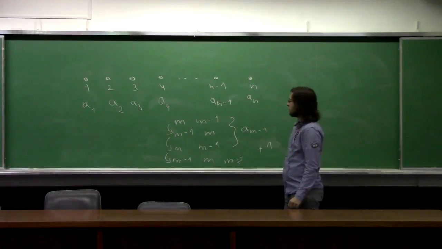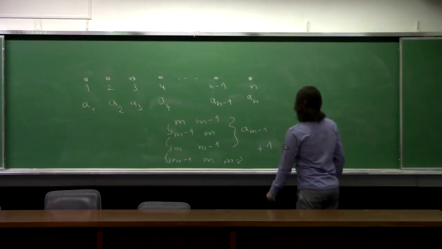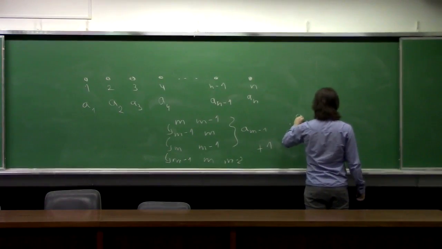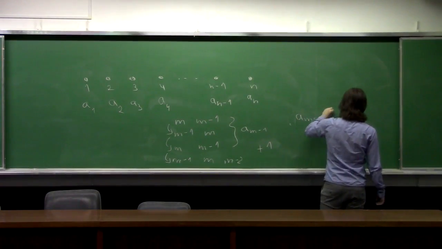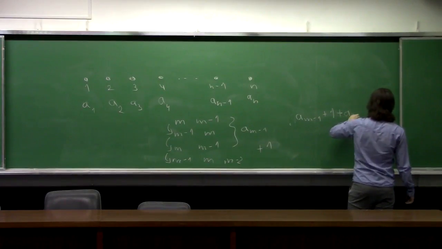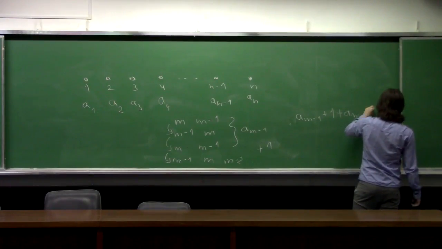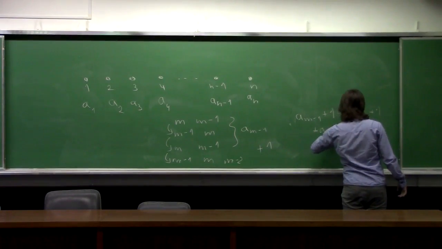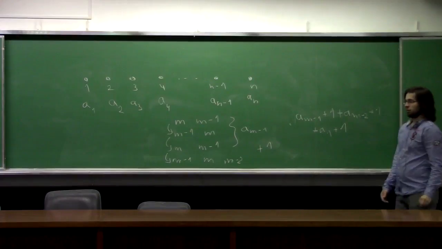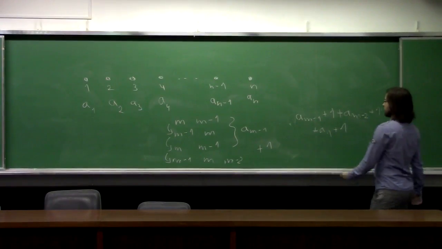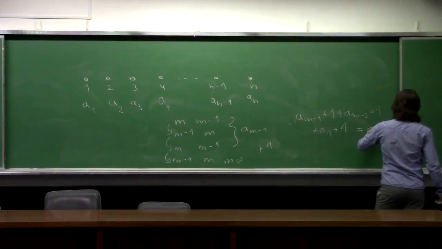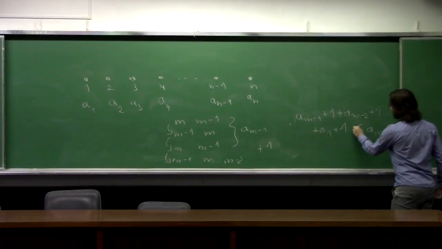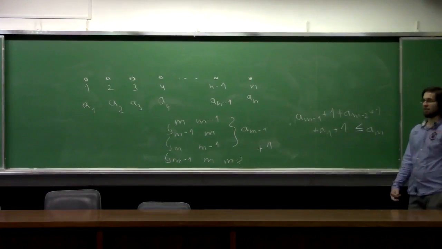So if we computed this total number, the sum of a_(m-1) plus 1 plus a_(m-2) plus 1 and so on, then either this is equal to a_m, or a_m is even greater than that.